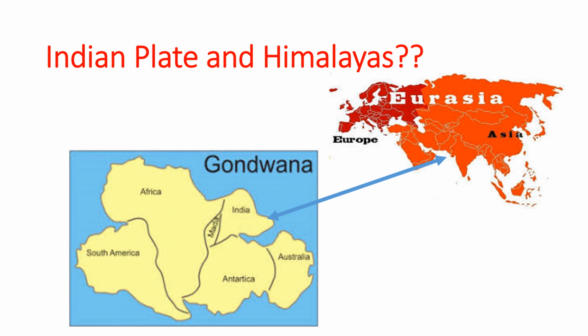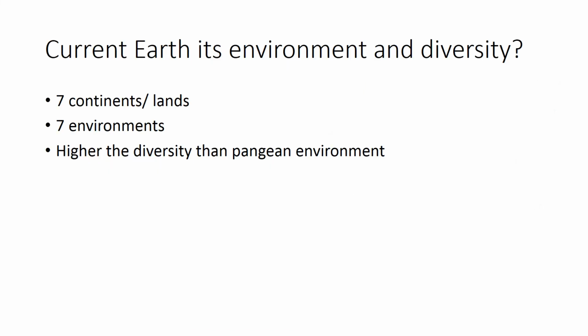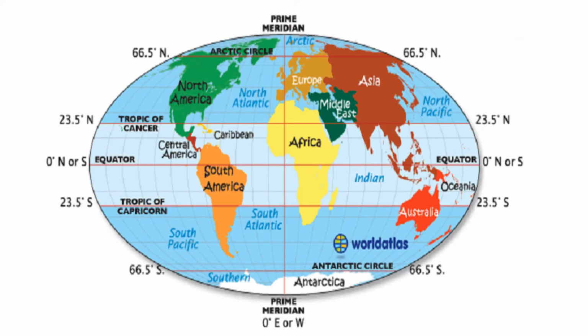Now, this situation has seven different continents, and each continent has its own face toward the sea. The seven continents are Africa, Europe, Asia, Australia, South America, North America, and Antarctica.